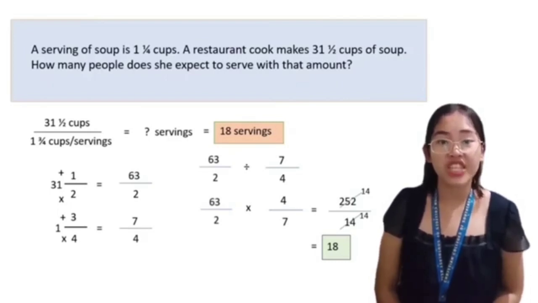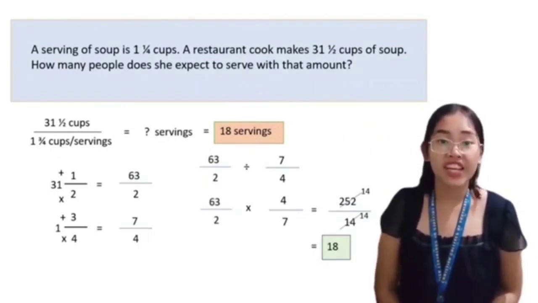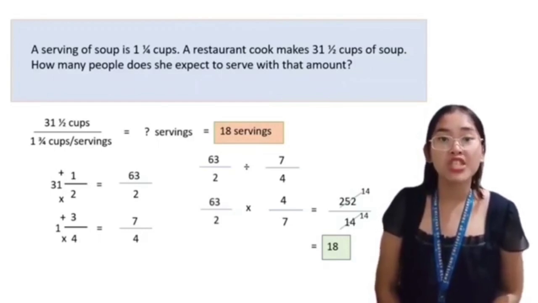In dividing a fraction, we have to use the keep, change, flip method. Keep the first fraction, change the operation division to multiplication, and flip or reverse the given numerator to the denominator and the given denominator to the numerator.